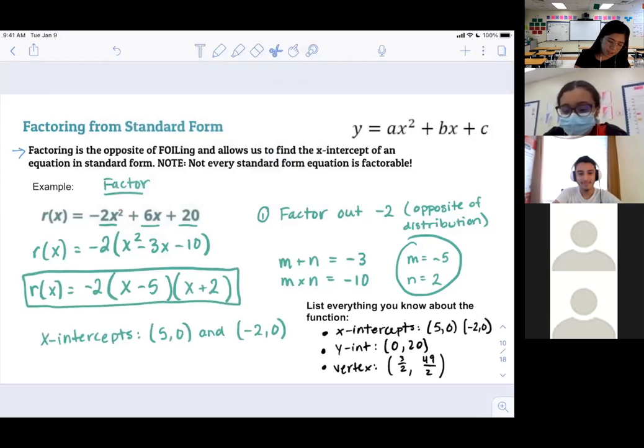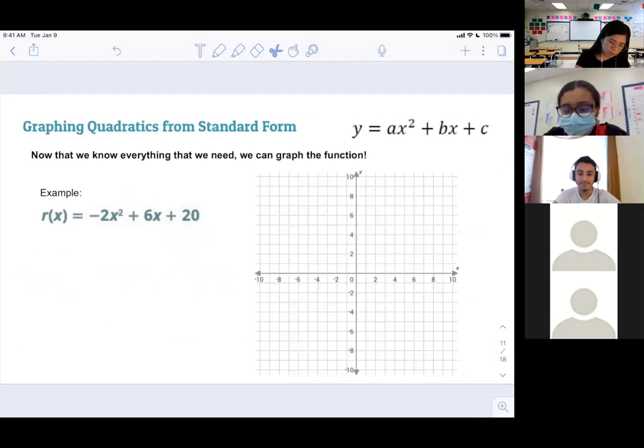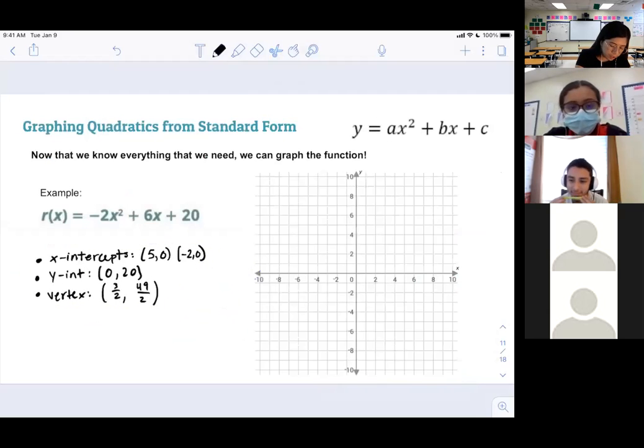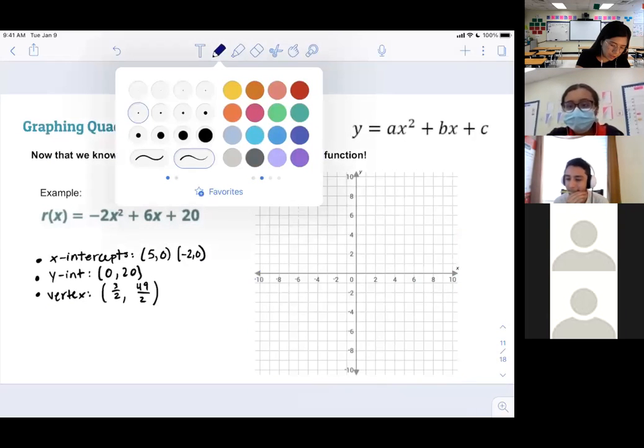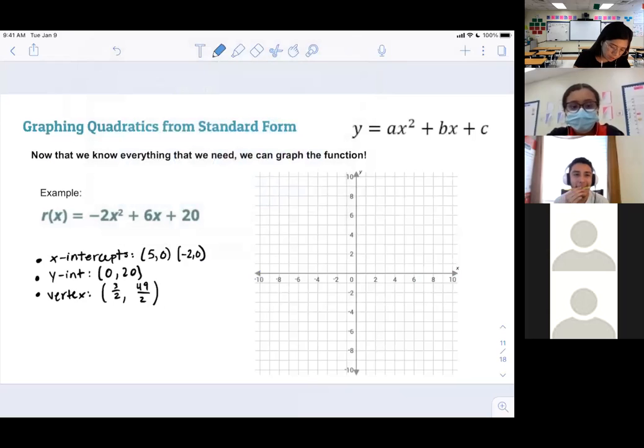Okay, I'm going to take all that information and graph this parabola. The vertex is a really annoying number, so I'm going to skip that for now, but I'm going to graph the x-intercepts, 5 and -2.